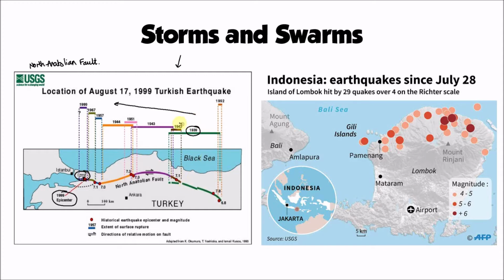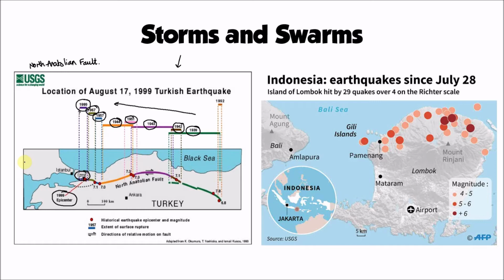Then in 1942, this brown section. In 1943, this purple section here. In 1944, this orange section, actually went back a little bit the other way in 1951, then 1957, then 1967, and then finally in 1999, this earthquake struck the city of Izmit.